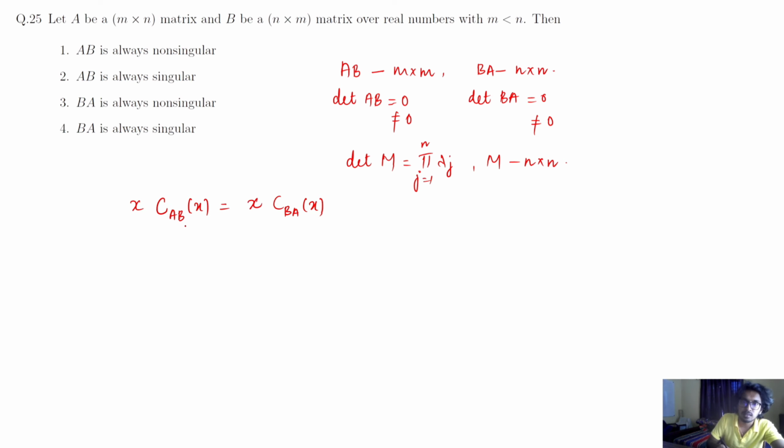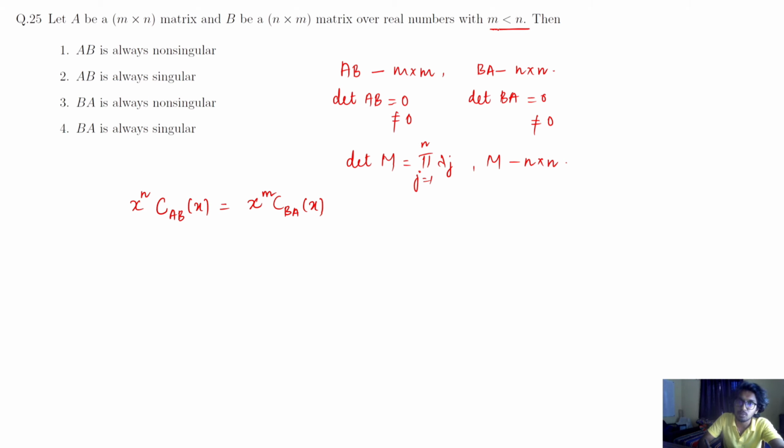AB is of order m by m, so we multiply by x power n here and x power m there. Now you can take either x power n or x power m to the other side. That you have to decide based on the values of m and n.